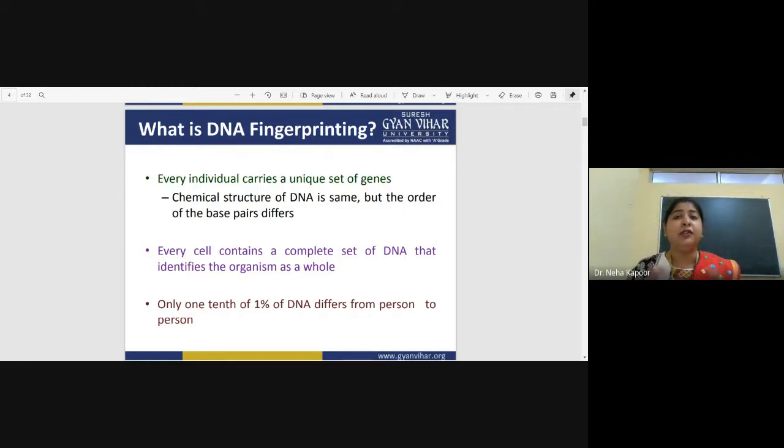However, out of the total amount of DNA, only one tenth of 1% of the DNA differs from person to person. Depending upon that variation, they discovered this technique known as DNA fingerprinting.